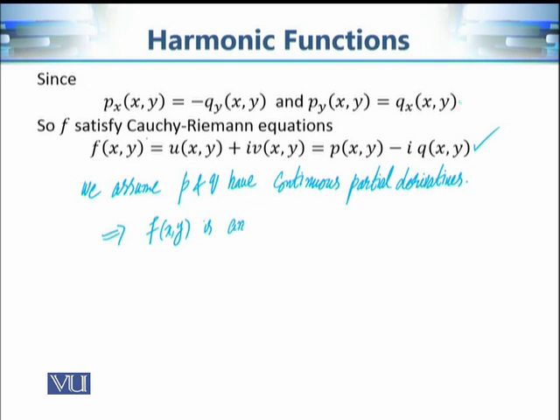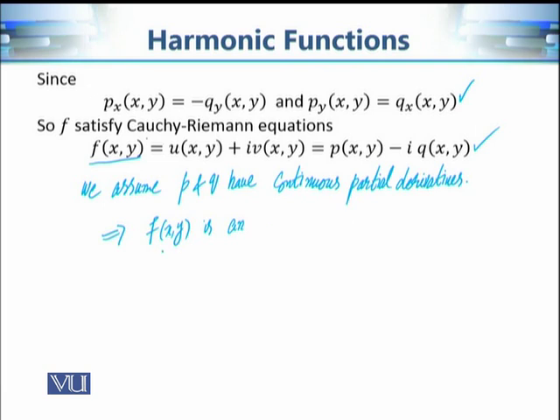Because p x is equal to minus qy and py is equal to qx, this holds at each and every point in the domain of the flow of this fluid. So that's why in the whole domain f of xy satisfies these conditions, and we also assume that p and q have continuous partial derivatives in the whole domain of our discussion.